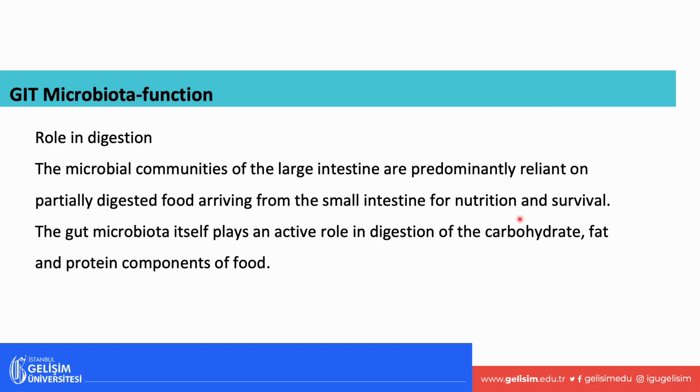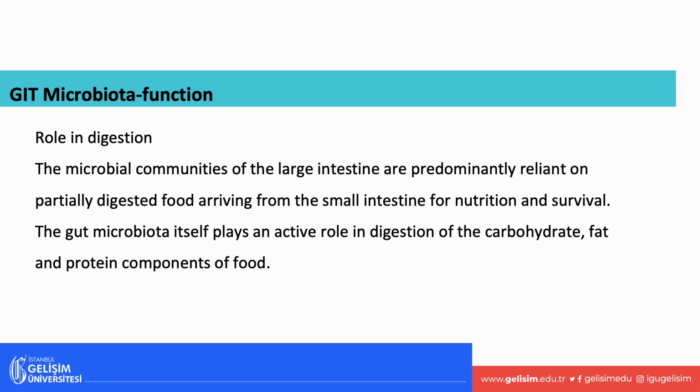All right, so as I said, the gut microbiota play an important role in the process of digestion. So these microorganisms are relying on partially digested food that's coming from the small intestines for their nutrition and their survival. So they actively participate in the digestion of carbohydrates, fats, as well as proteins in the foods that we eat.